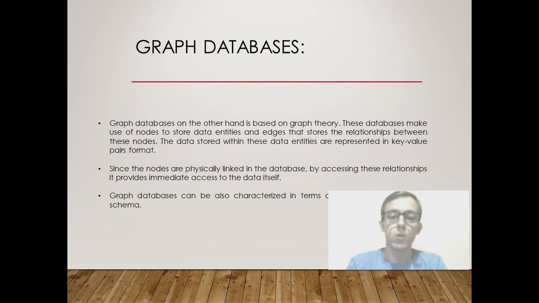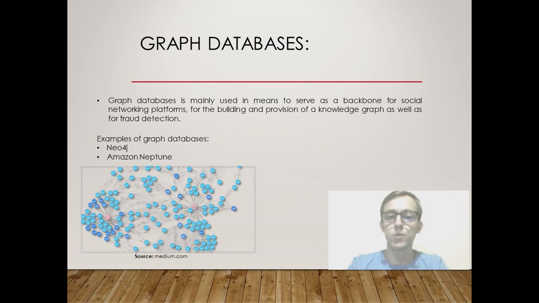Graph databases can also be characterized by not using a predefined schema. Graph databases are mainly used to serve as a backbone for social networking platforms, for building and provision of a knowledge graph, as well as for fraud detection. Examples of graph databases include Neo4j and Amazon Neptune.